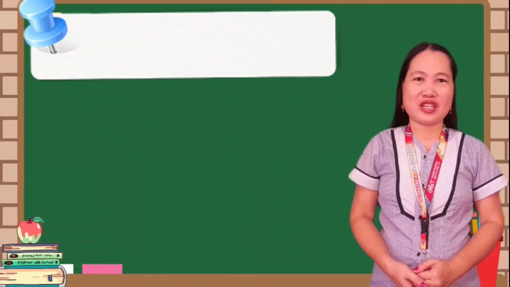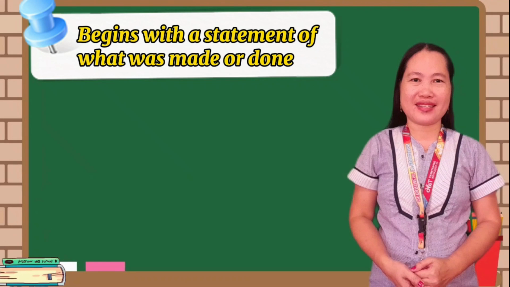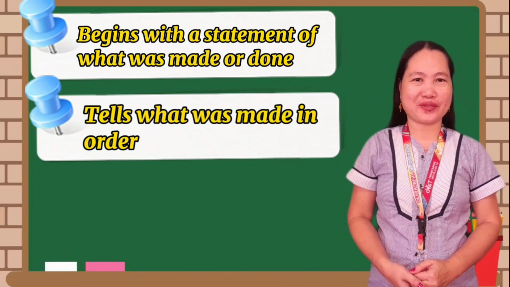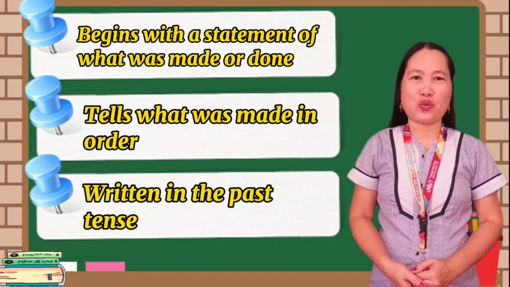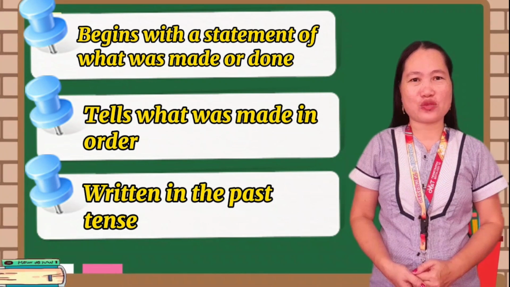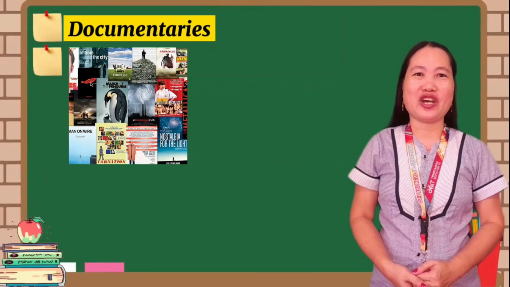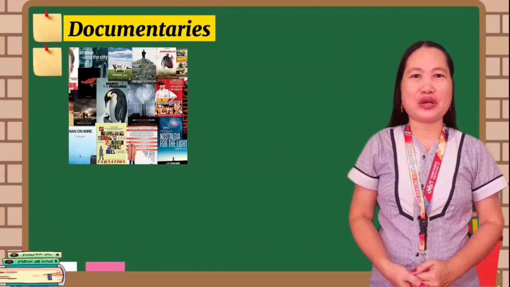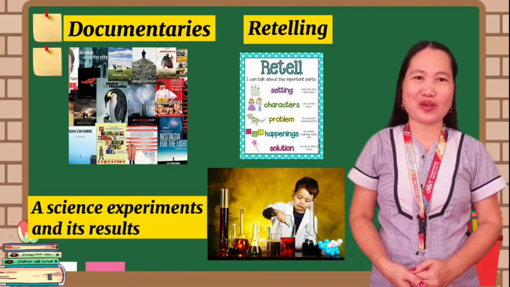Features: begins with a statement of what was made or done. Tells what was made in order. Written in the past tense. What are the examples of factual recount? Examples: documentaries, retelling, and science experiments and their results.